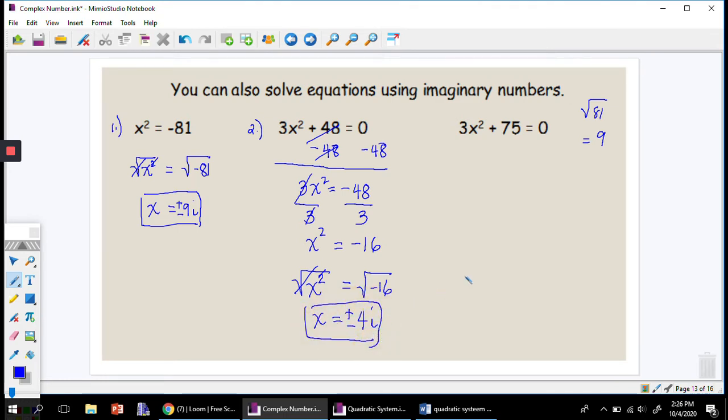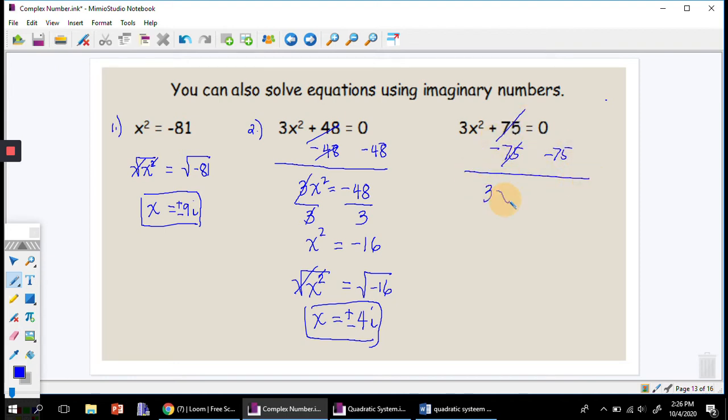Okay, next we have 3x squared plus 75 equals 0. Okay, so the first thing that we need to eliminate is plus 75 here, so I will subtract both sides by 75 so that we can make this equal to 0.